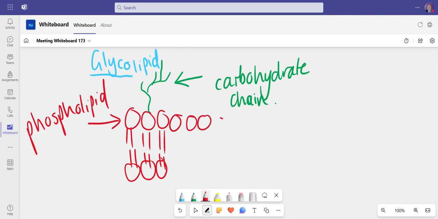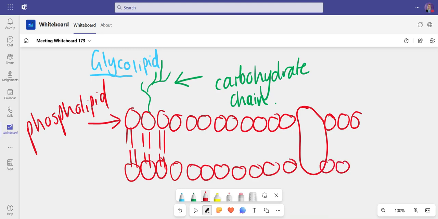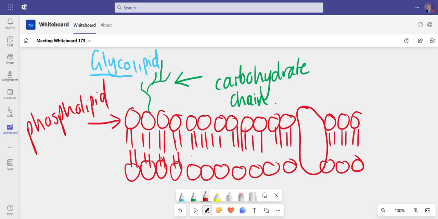Similarly to that, sometimes these carbohydrate chains can be found attached onto proteins. So I'll draw my protein there, that big blob in amongst our phospholipid bilayer. You can be more careful with this than me: two tails per phospholipid head.